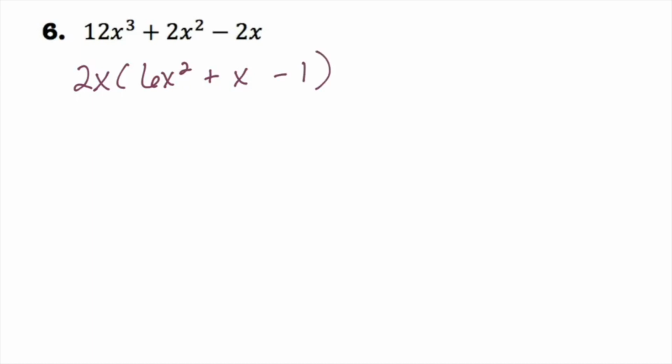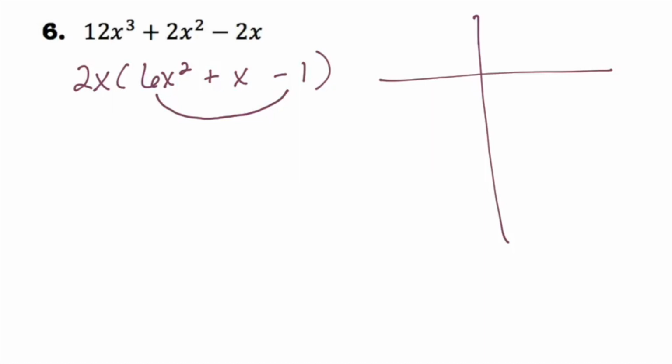So then if you do your 6x squared times negative 1 for your a times c, you can make your little t-chart here. So you have a times c, and then it adds to b. So a times c is 6x squared times negative 1, which is negative 6x squared. And it has to add to be b, and b is just x, which is 1x.